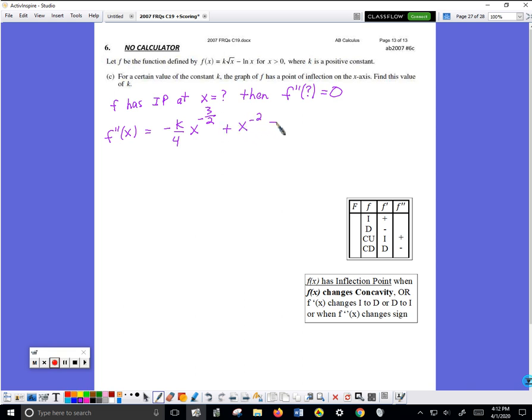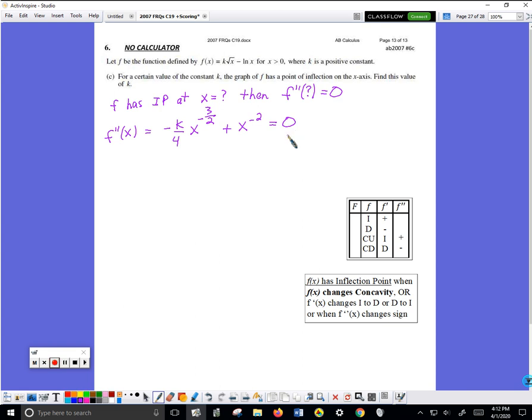And that's going to have to equal 0. Inflection point on the x-axis. So I've got to figure out the value of k that makes this happen.